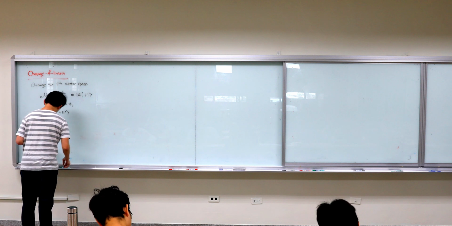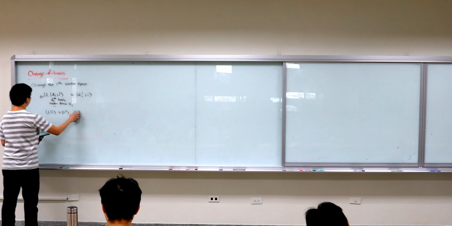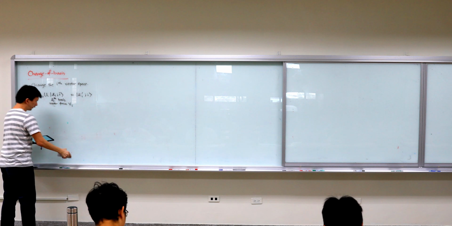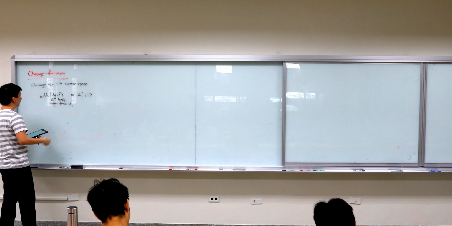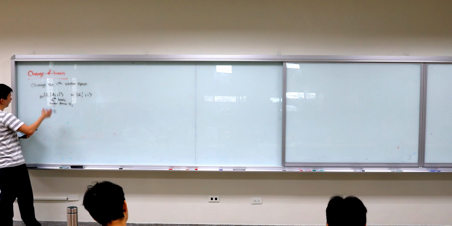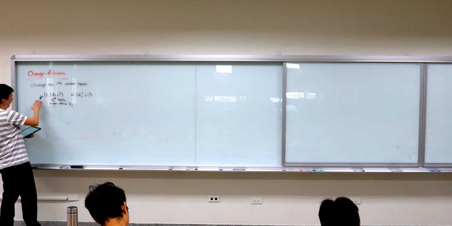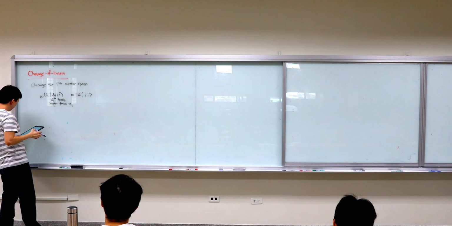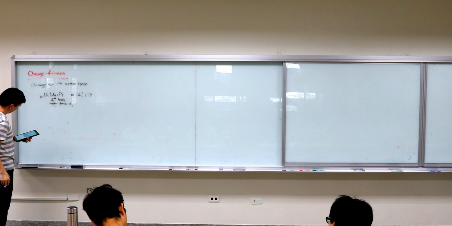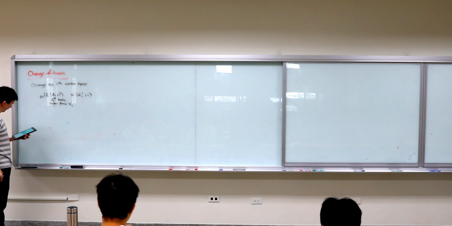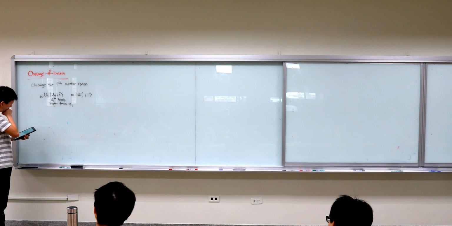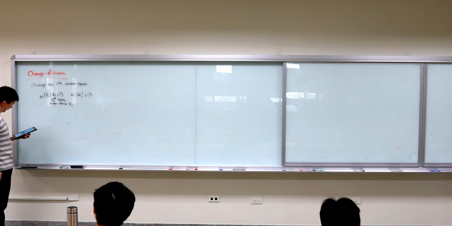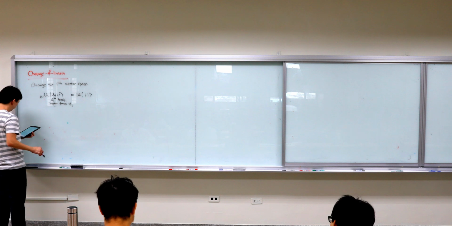What you want to do is act, because you're just changing it slot by slot. So all you need to do is act the tensor product of these on a given vector, and that will give you the new basis. So let's do it.